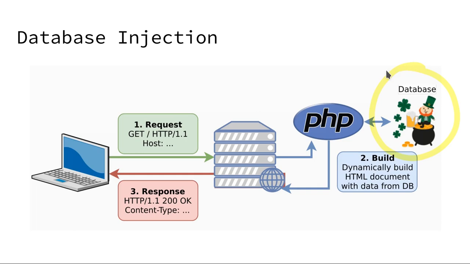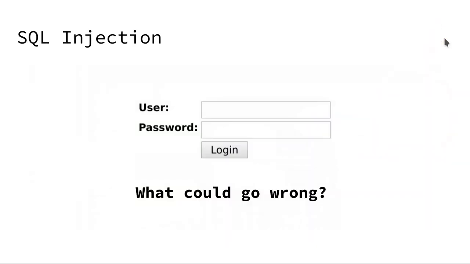Because the database contains user information, credit cards, passwords, whatever. So usually the interesting information is located in a database, and this information might be valuable for an attacker. This is why SQL injections are usually as critical as remote code execution.